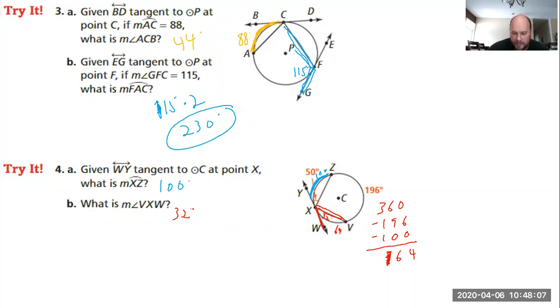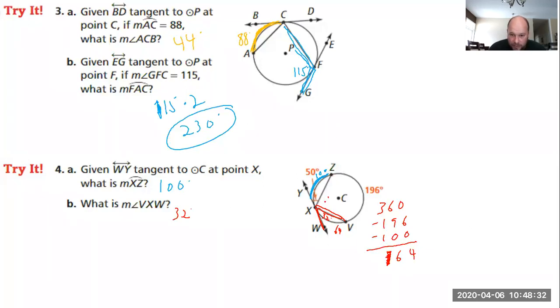The other way that you could do this is use the idea that this line is a straight line, so that's 180. So instead of doing 360 at the beginning, I could have taken the 196 and divided that in half. 196 divided in half is going to be simply 98.